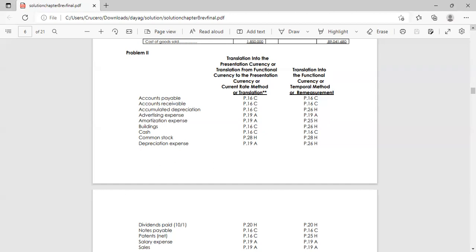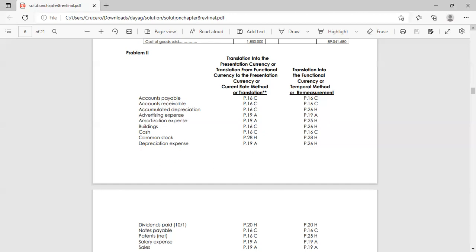For method number 2, the temporal method, we also use the current or the closing rates. For your monetary assets and liabilities, you have the specific assets and liabilities to review.